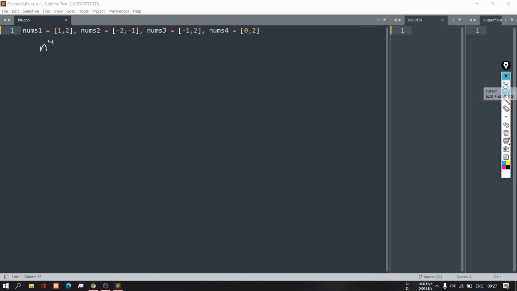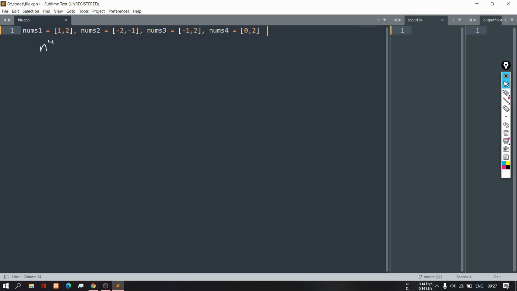But this method will give you TLE, because it is given that 200 is the value of n, so it will be 200 raised to the power 4, which will give you TLE.